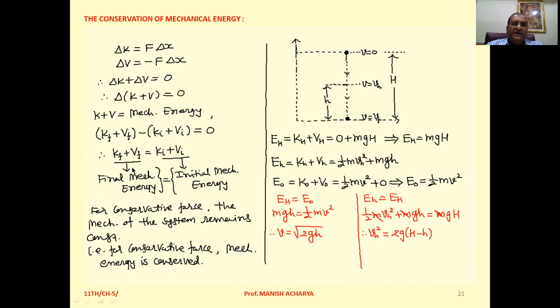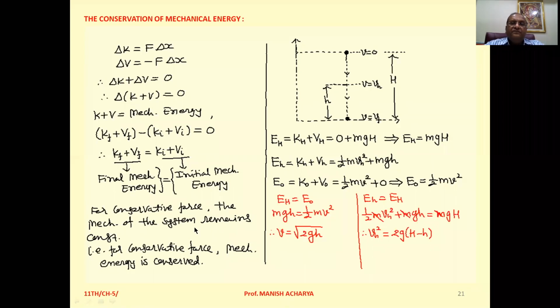So final kinetic energy plus final potential energy, that is final mechanical energy. Similarly, on right hand side, initial kinetic energy plus initial potential energy. So that is initial mechanical energy.